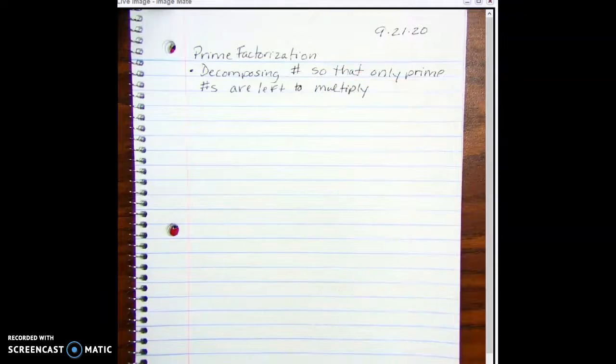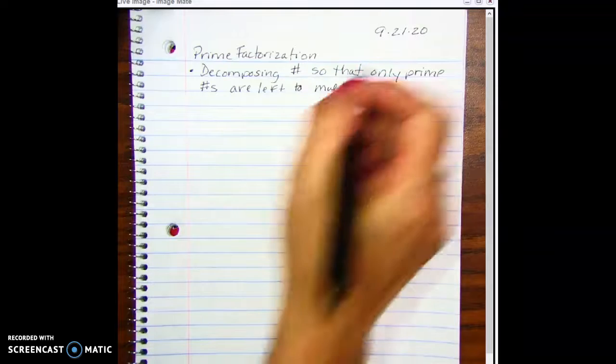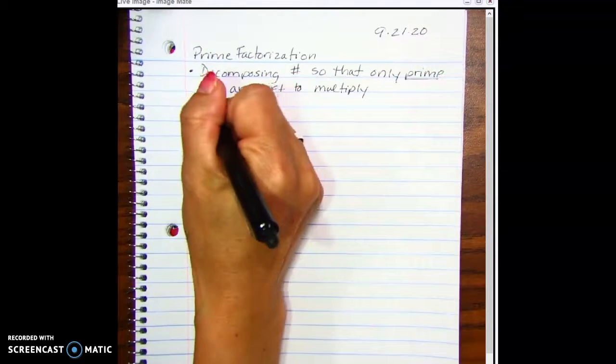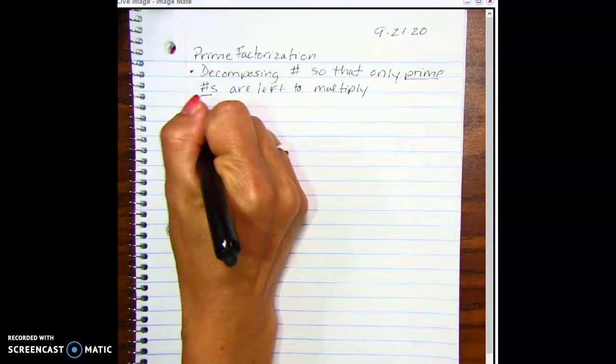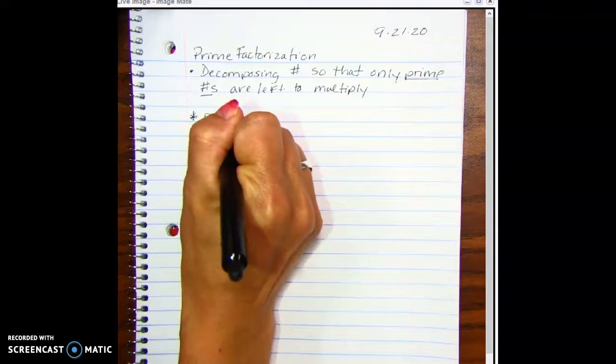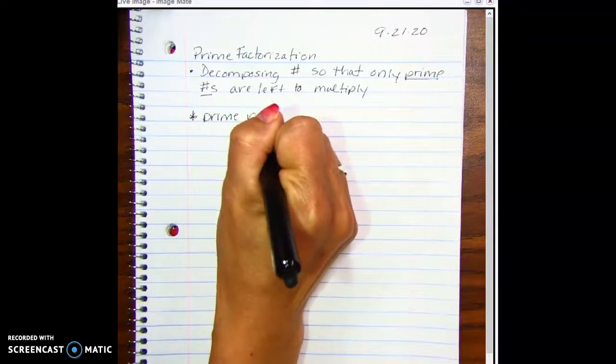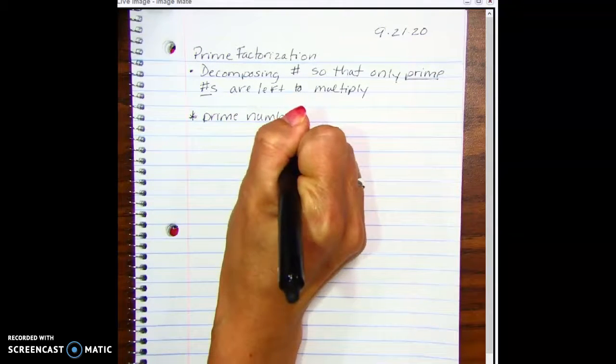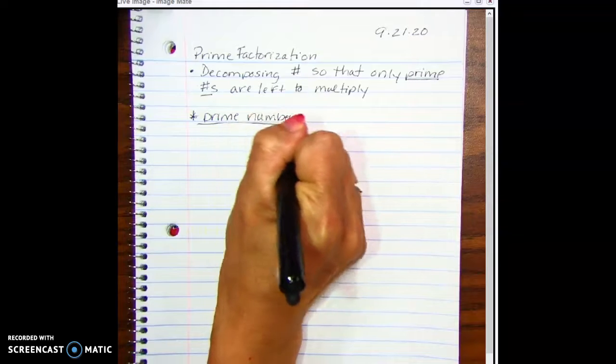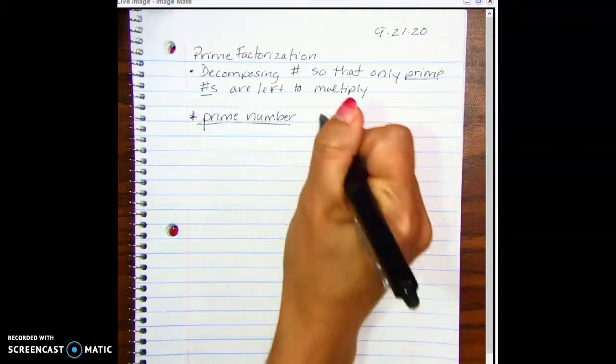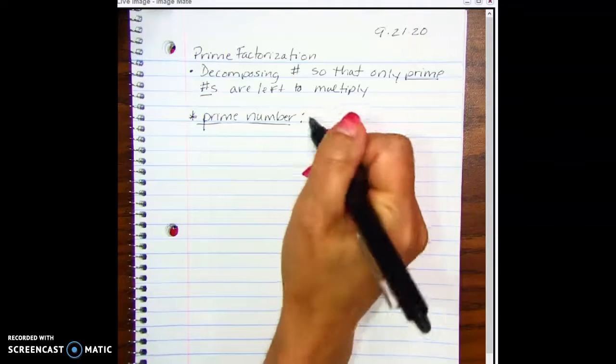Alrighty. So then you must be thinking, well, what's a prime number? Well, I'm glad you asked. So we're going to define what a prime number is. And you should have had this in 5th grade, but if not, that's okay. Let's make that look like prime and not drawing. Okay.